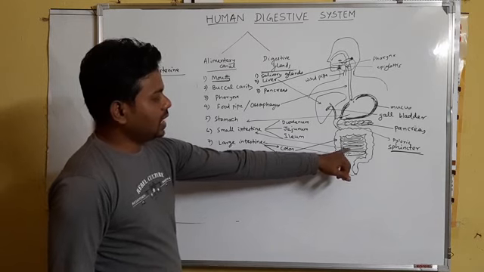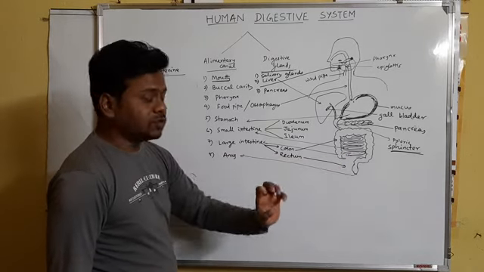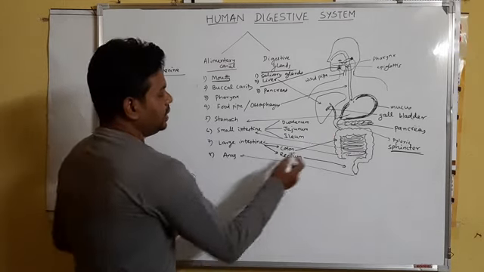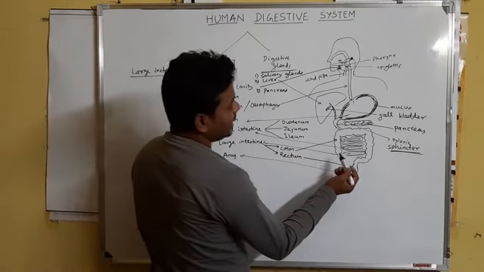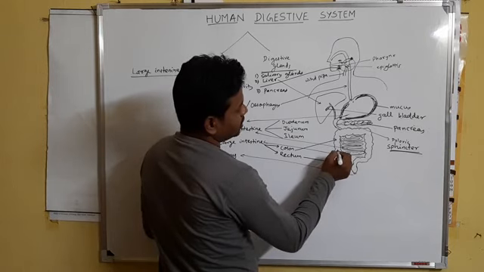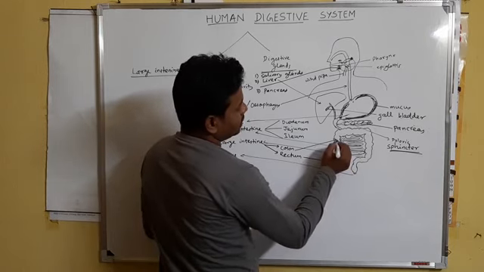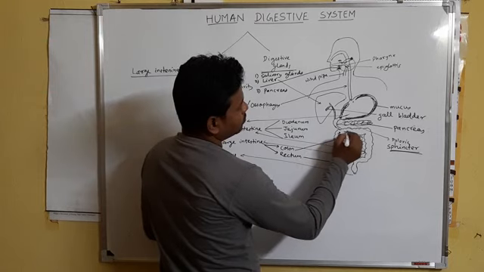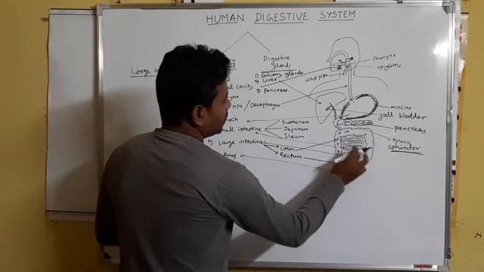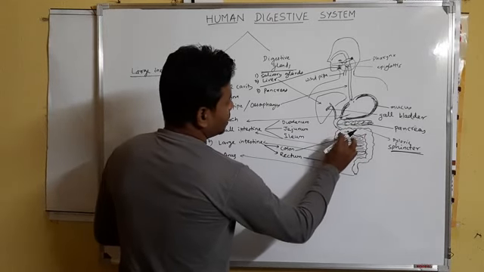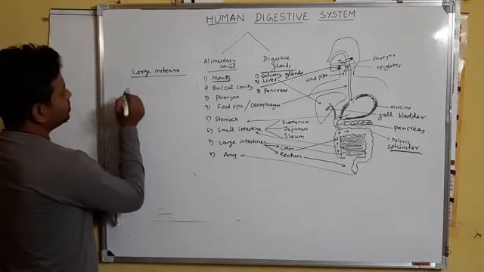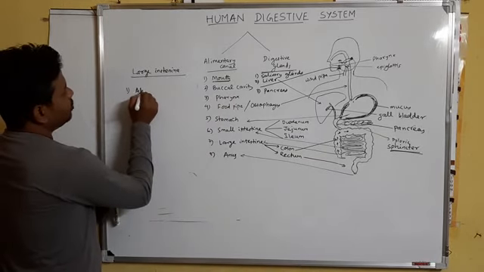So now the undigested and unabsorbed food is passed to the large intestine, and the food simply moves through this large intestine. This part is called colon. During the passing of food through the colon, one main function takes place, that is the absorption of water.